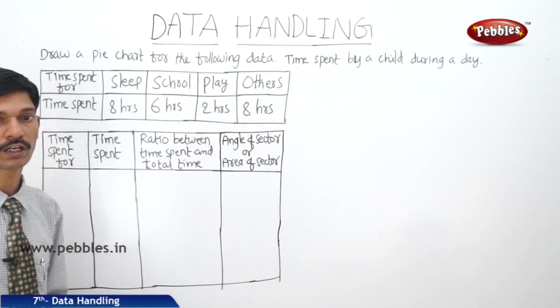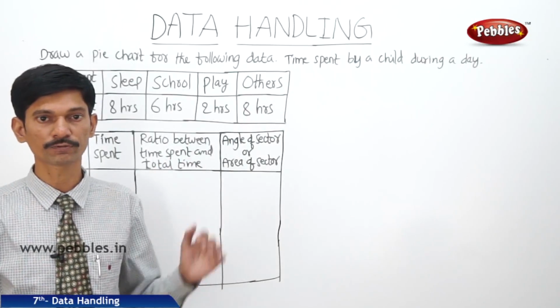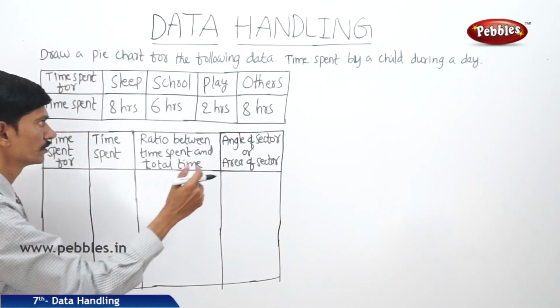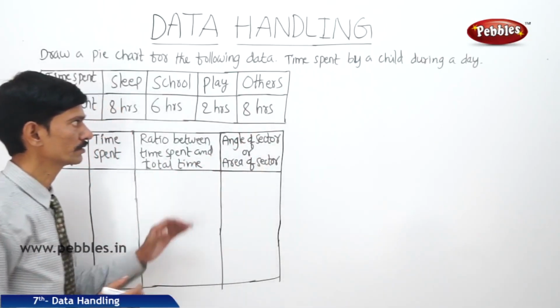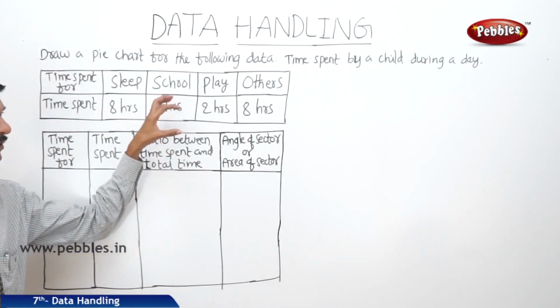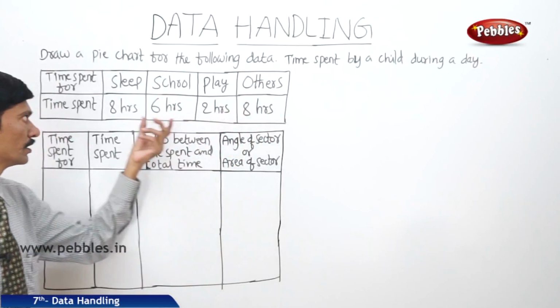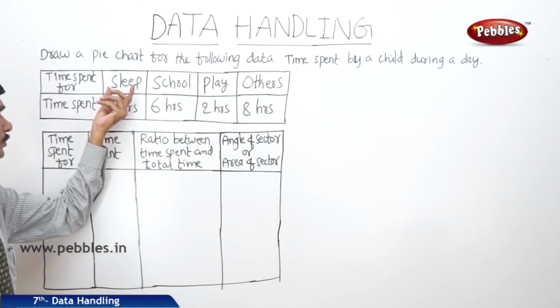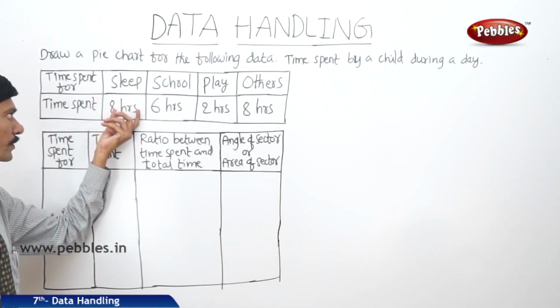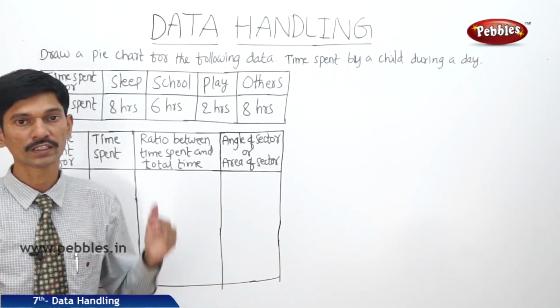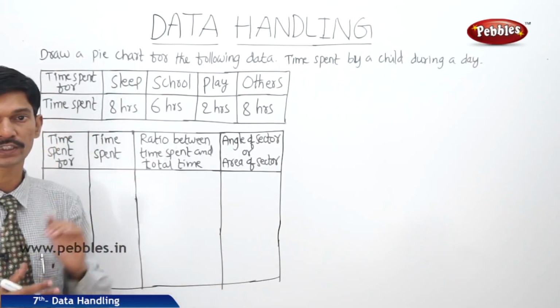So the total available time in a day is 24 hours. This pie chart can be represented in a circle with different sectors. Each time spent will be represented by a sector. Then we have to find the angle of each sector.